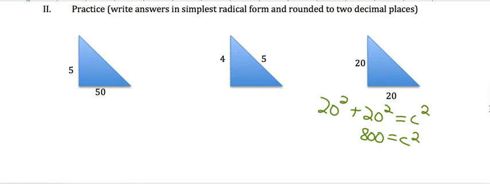This one should be pretty easy to use the perfect squares method on. I know 400 is a perfect square, because 20 squared is 400. So this is going to be 400 times 2, and the square root of 400 is 20. So I get 20 times the square root of 2 equals C.